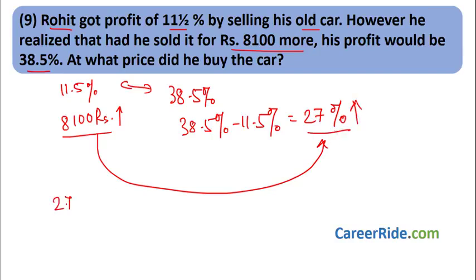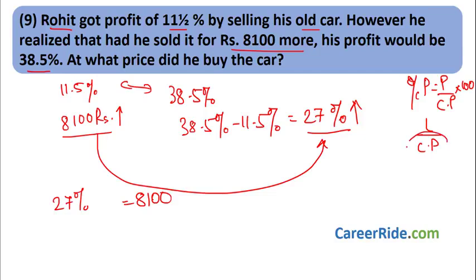So this 27% is nothing but 8,100, but 27% of what? We know that profit and loss are always calculated in terms of cost price. Look at the right hand side, percentage profit is profit upon cost price into 100. Even for loss, it is loss upon cost price. So 27% of the cost price would be 8,100.